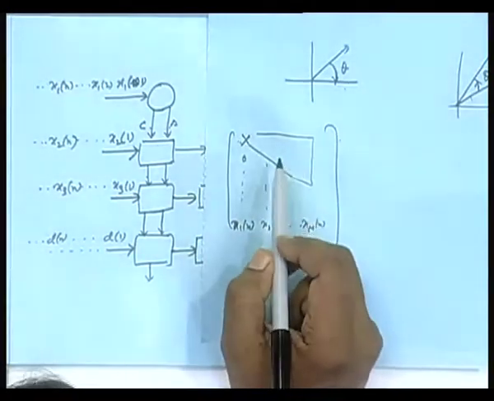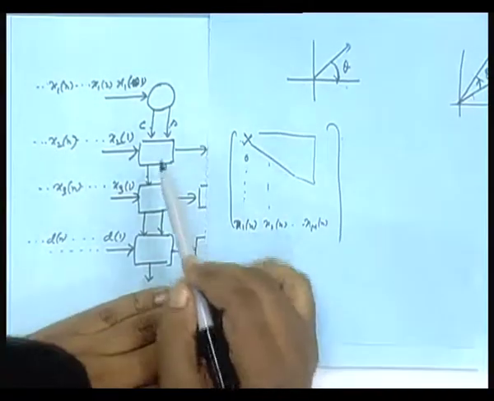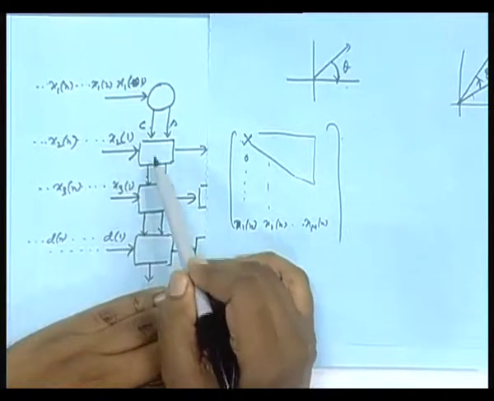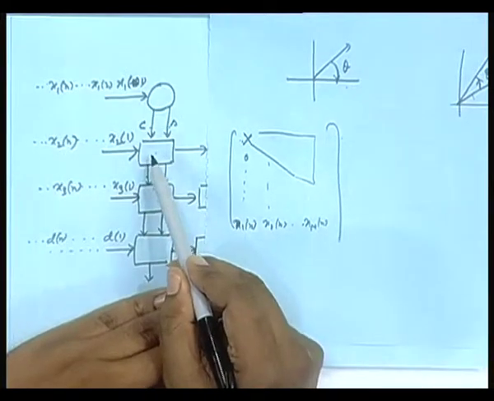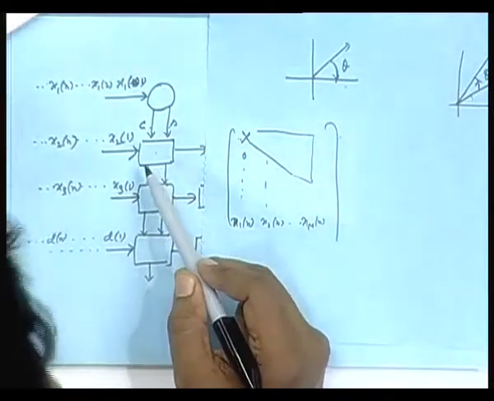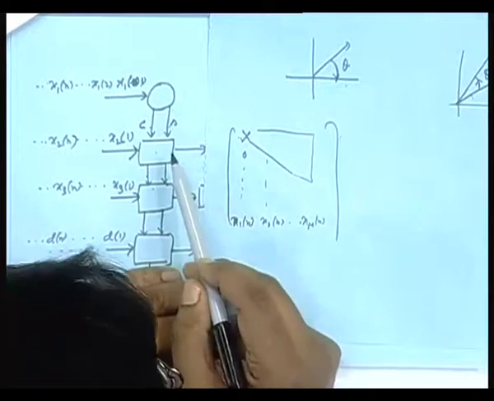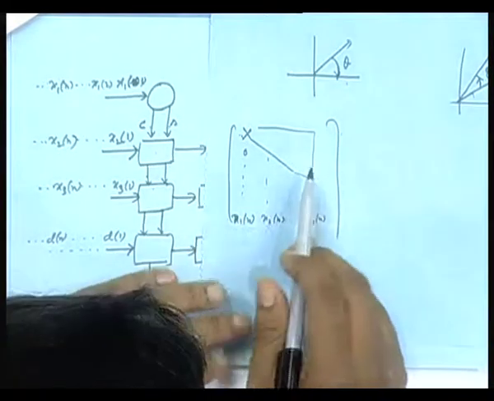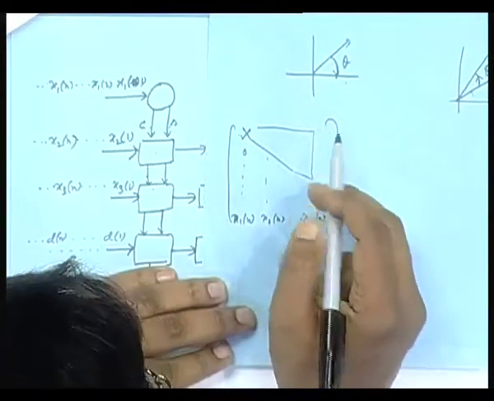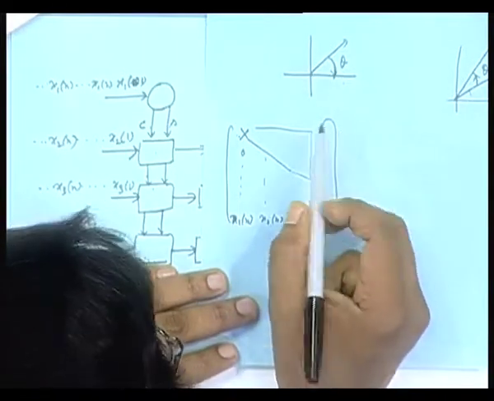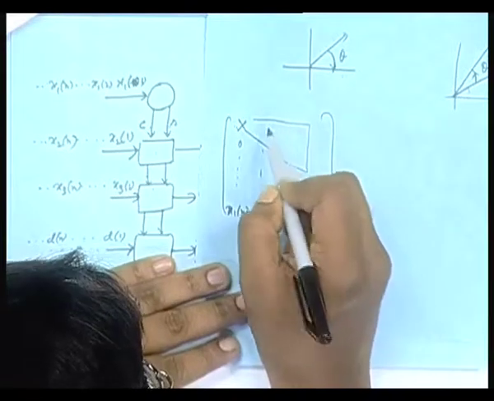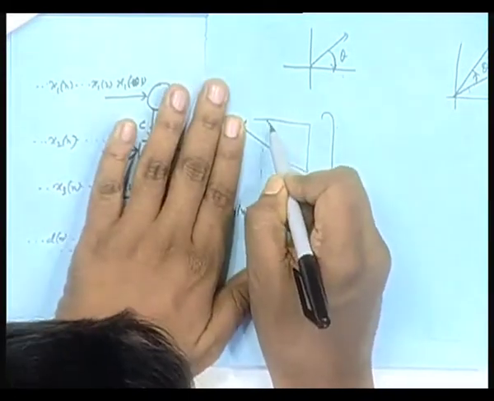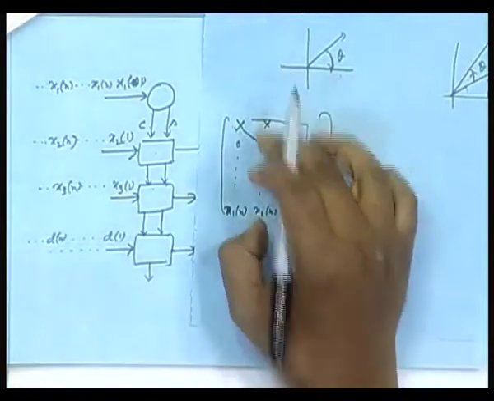Okay. And this C s goes to all these fellows. These people have their things stored. Suppose, forget about this, suppose this you consider to be x.